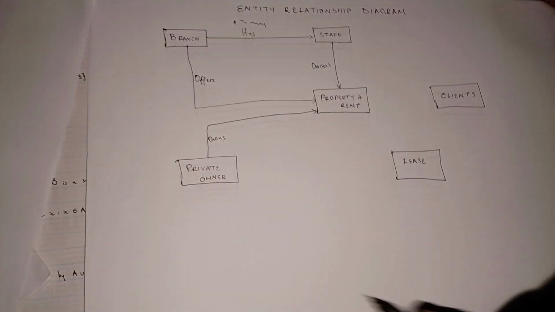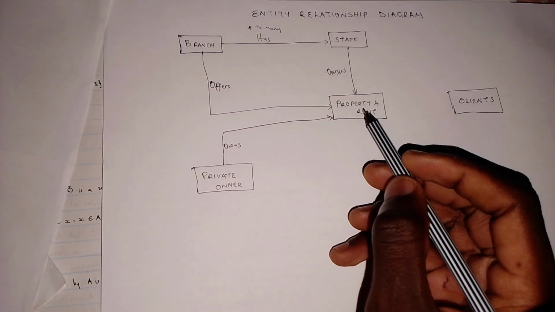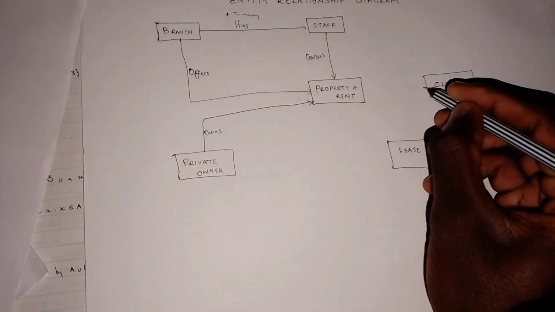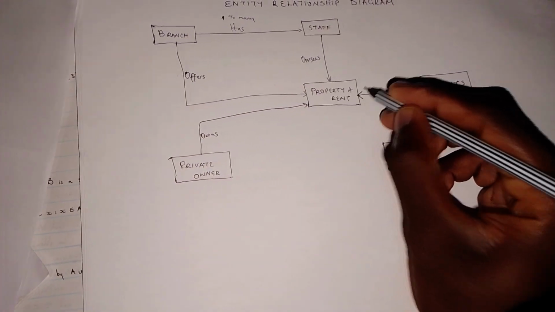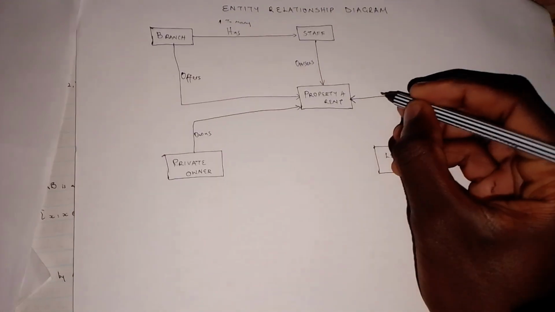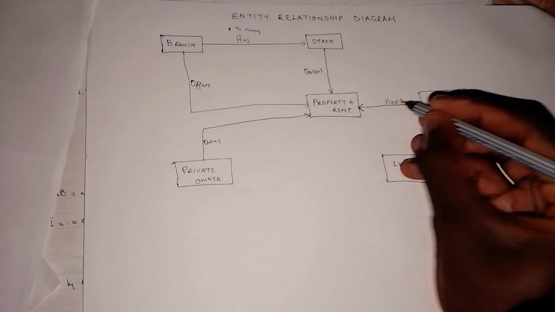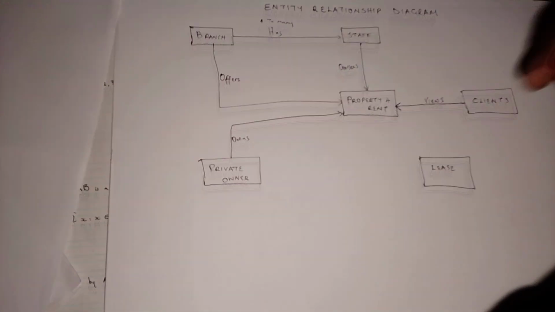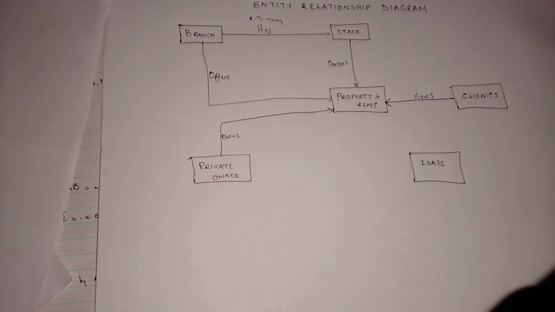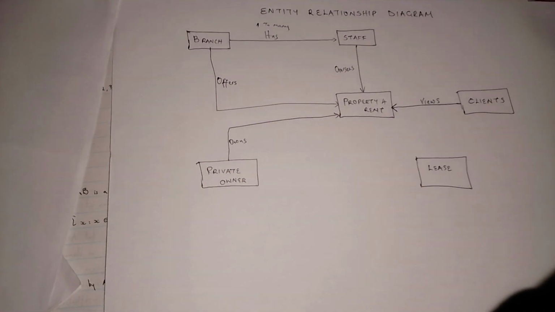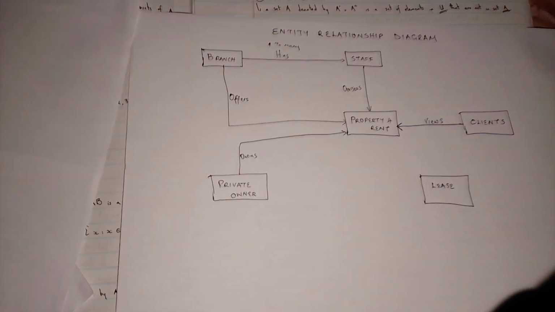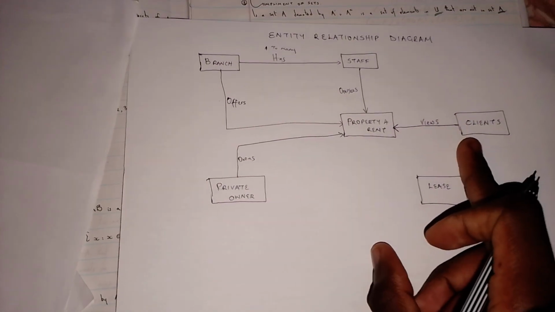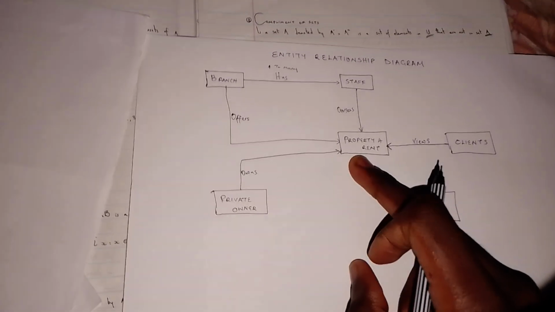So who views these same properties? The clients. Clients are the people who view the properties that the branch offers and that are overseen by the staff. So many clients can view many properties.